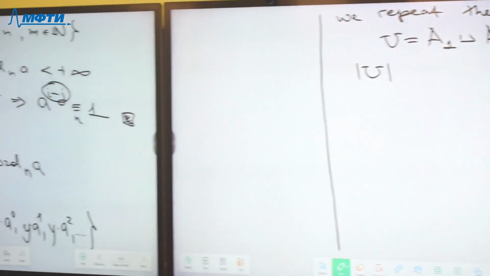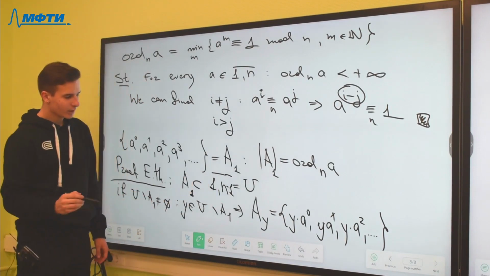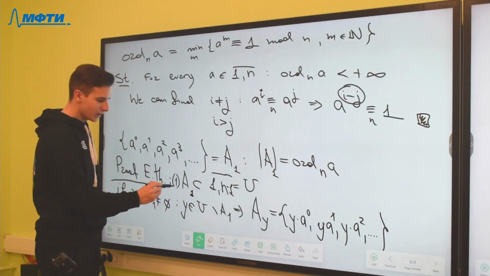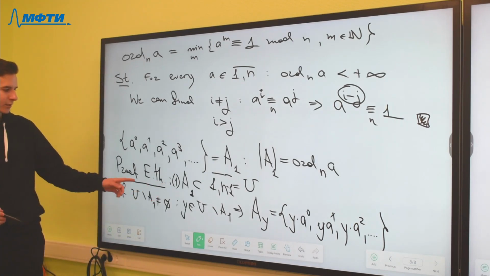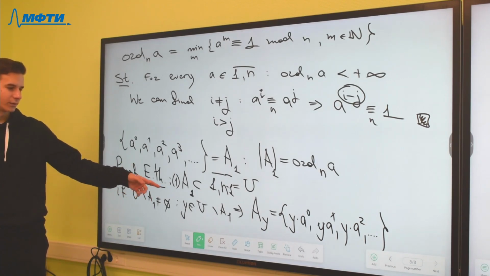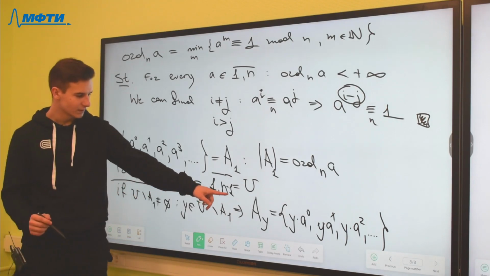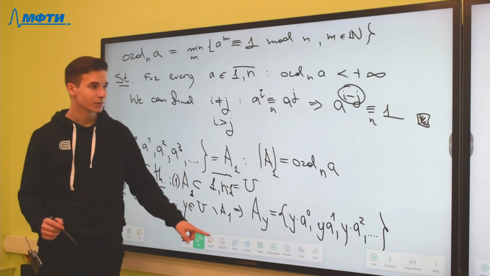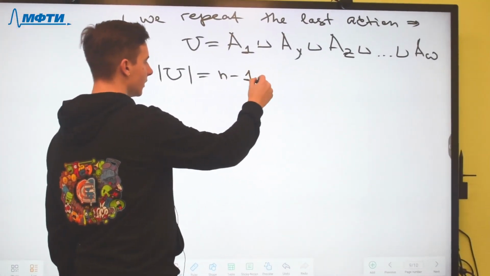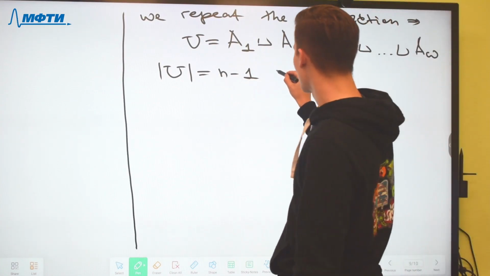is n-1. This is how to prove the Fermat little theorem first, and then I will say how to prove the Euler theorem in a similar way. So we say that it is n-1, the number of integers from 1 to n-1 is equal to n-1.